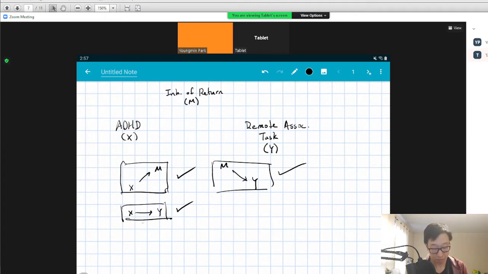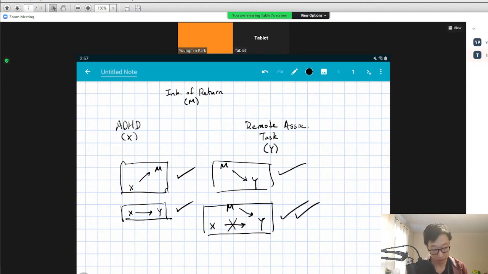So finally, they included both the inhibition of return and ADHD as predictors to try and predict the results of the remote associates task. And they found that the effect from X to Y completely disappeared.